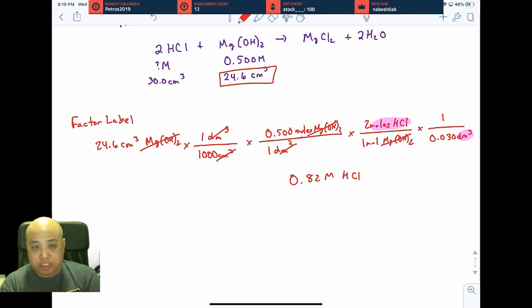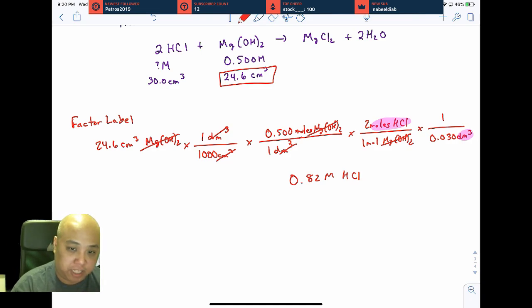But this is a 2-to-1 ratio and I used a little bit more, so it's going to be a little bit more than 0.5. And 0.82 is a reasonable number for this value. And so notice how factor label gets all the units canceled out.